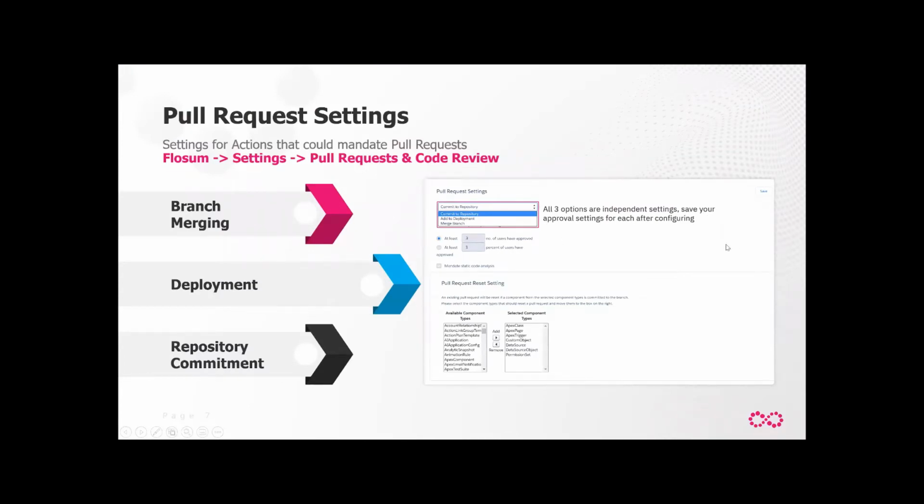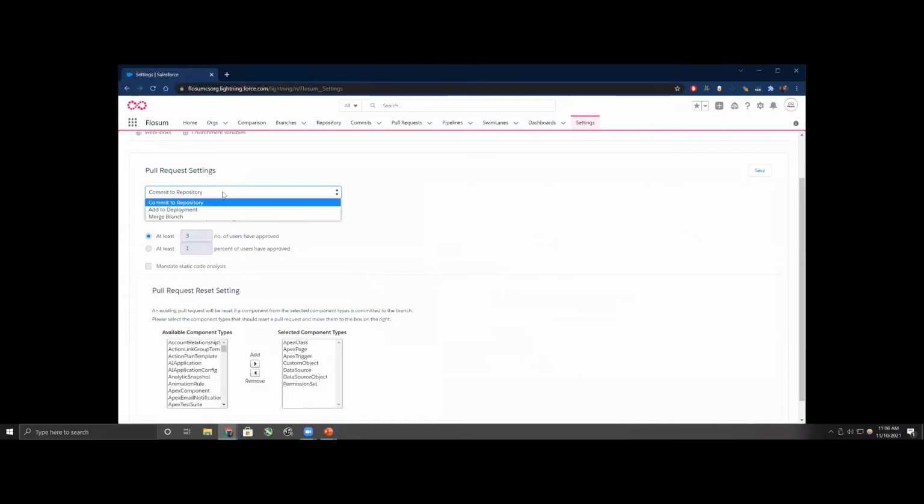So bear with me, at least 3 people in this scenario, right? For a commit to repository. Notice when I switch over to merge branch, this is toggled over to 2. When I toggle over to deployment, this is toggled over to 1. So with each adjustment that you make, you're going to want to make sure that you save the settings that you have for it, right?